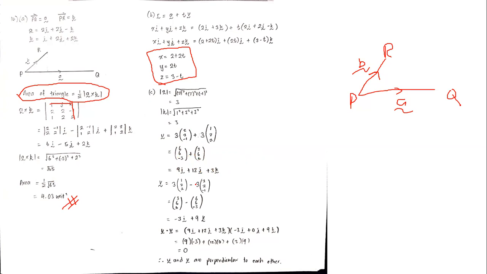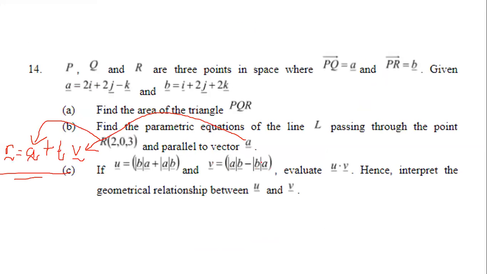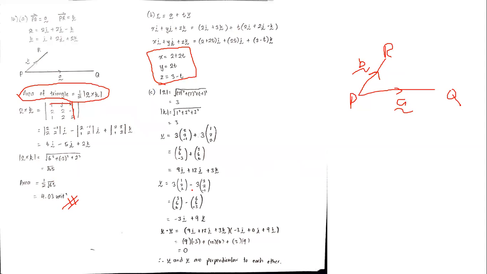And for V, we do the same, substituting the magnitude of A times vector B and the magnitude of B times vector A. So we will get negative 3i plus 9k.